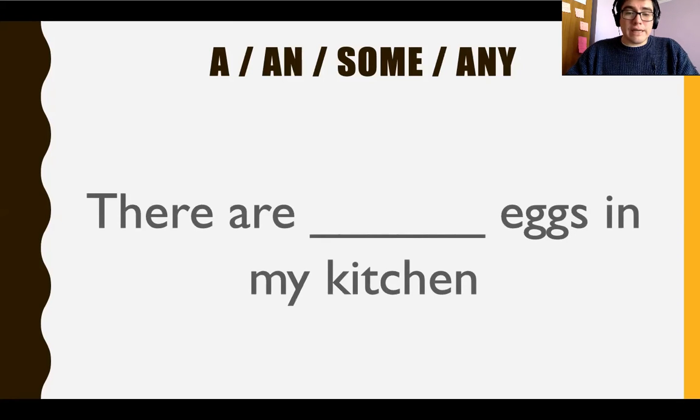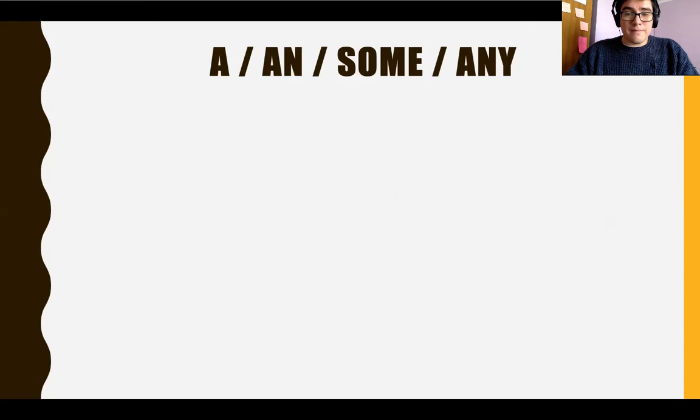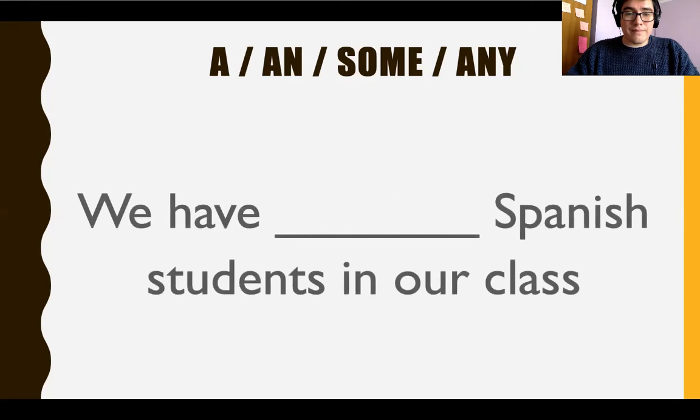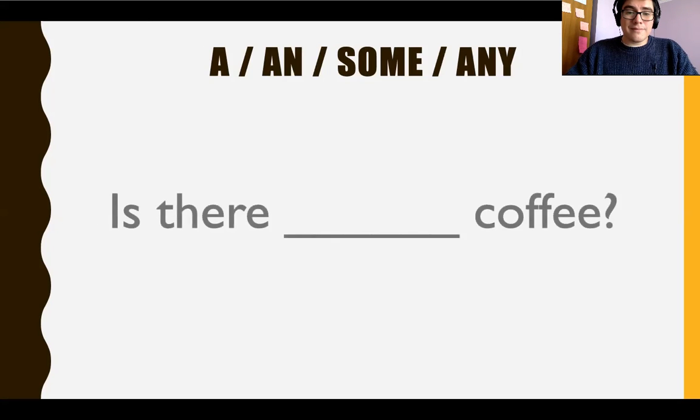The answer here is, there are some eggs in my kitchen. The answer here is, we have some Spanish students in our class. The answer here is, is there any coffee?